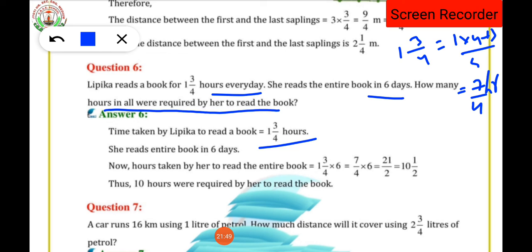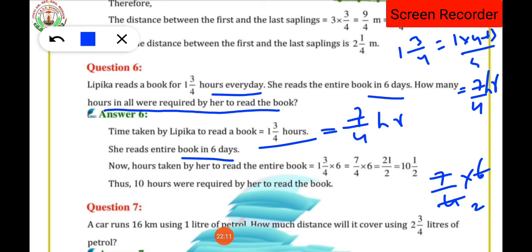So as we know, the time taken by Lipika to read the book is 1 3/4 hours. So if we change it into an improper fraction, it will become 7/4 hours. She takes 6 days. So 7/4 into 6.